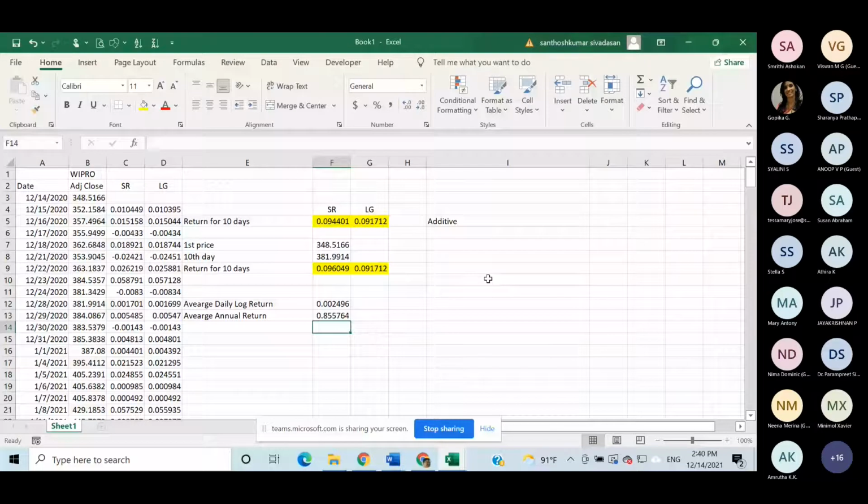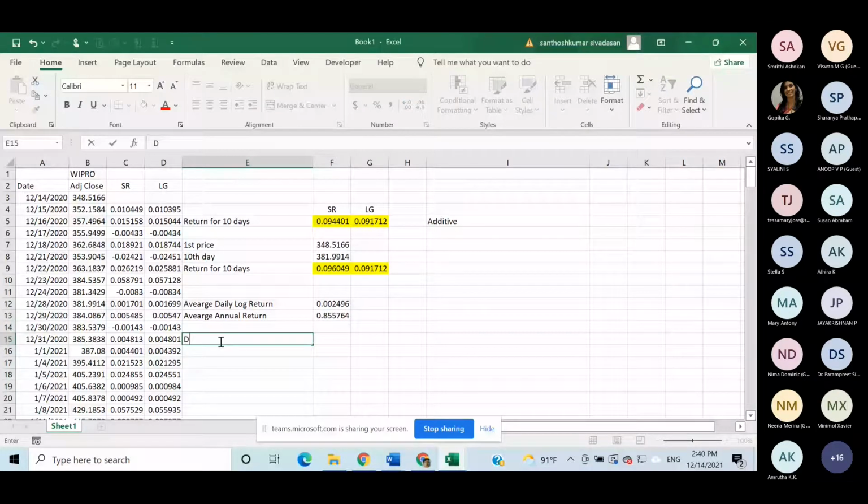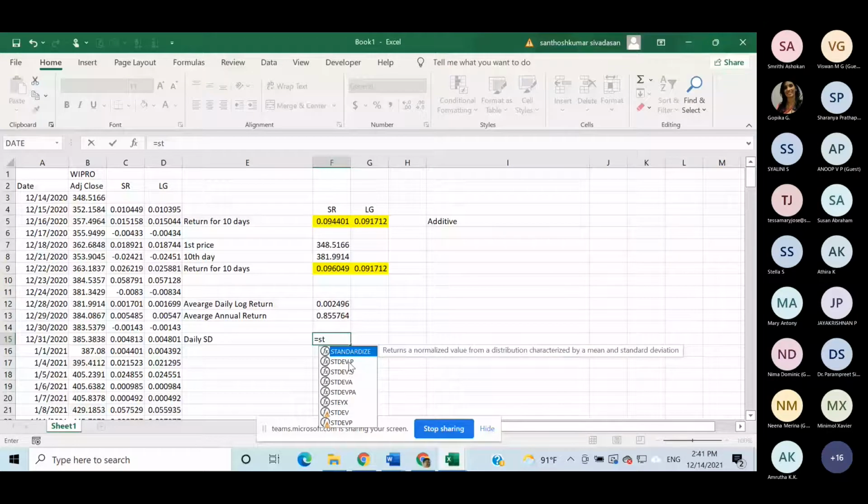So now we are finding the daily standard deviation. Standard deviation is equal to ST. When you type ST there, you will get a drop down menu.